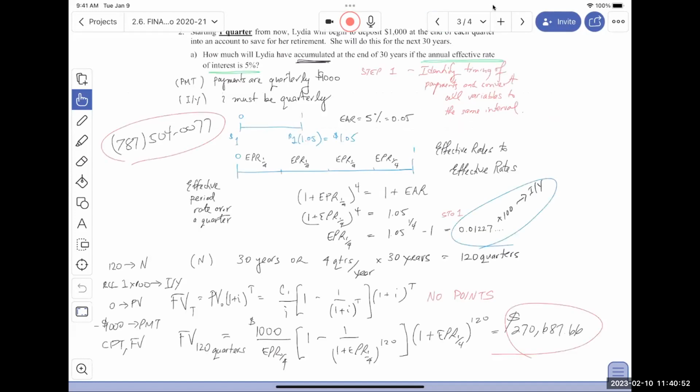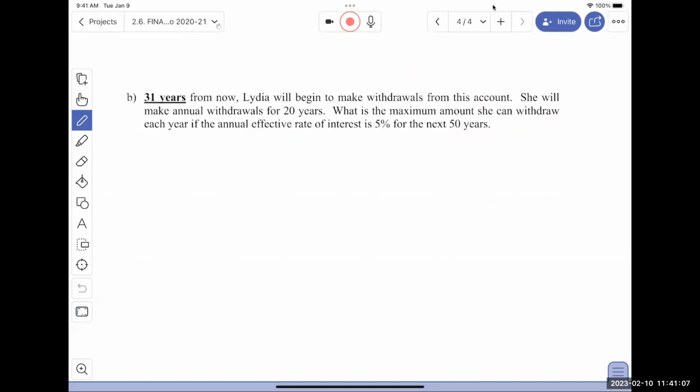What was the step 1 over here? Timing of payments. So what's the timing of payments?